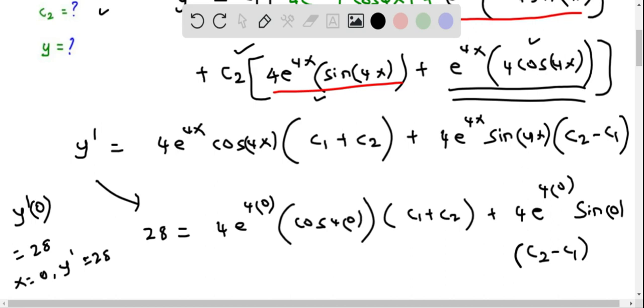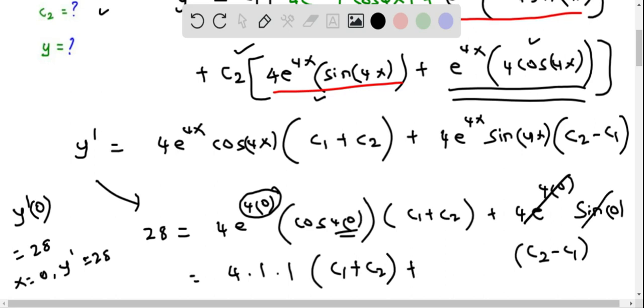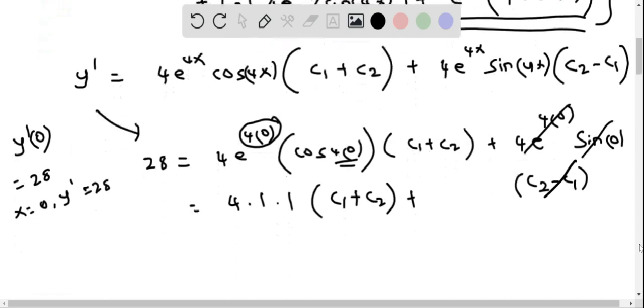Notice that 4 times 0 is 0, and e^0 is 1. So this reduces to 4 times 1. Cos 0 is 1, so we have c1 plus c2, and since sin 0 is 0, this complete second term gets cancelled.